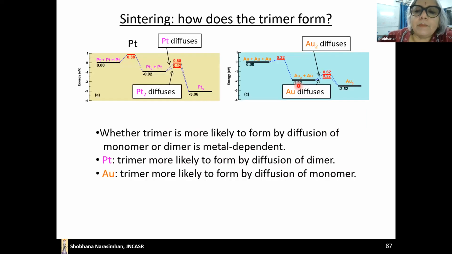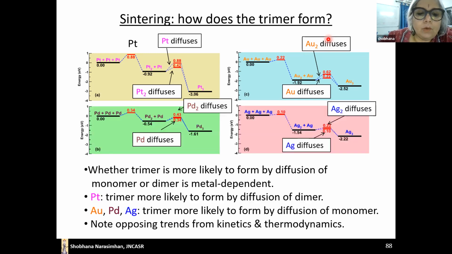But this is metal dependent because, for example, if you look at gold, it's the other way around. It is much easier for the monomer to diffuse than for the dimer to diffuse. And we can do this kind of diagram for all the metals we have studied. Let me show you the consequences.